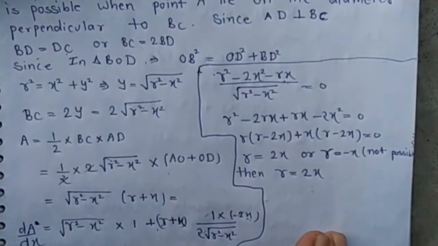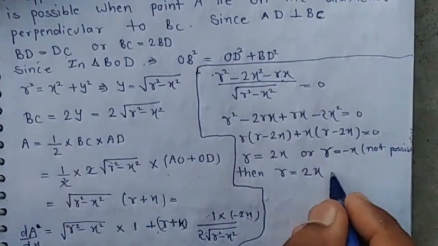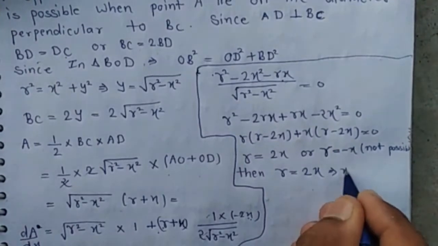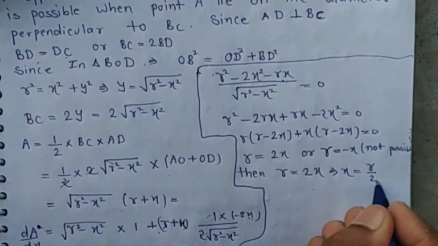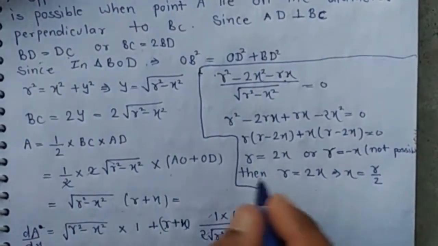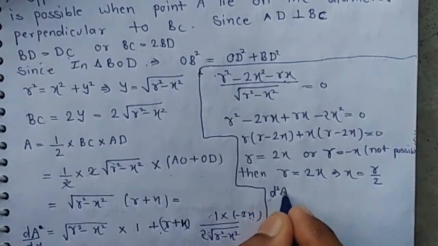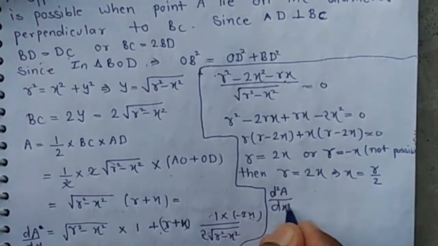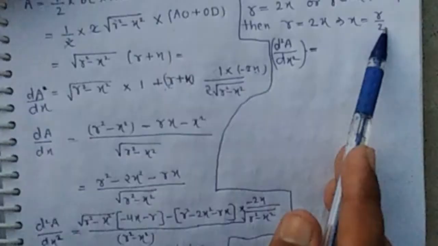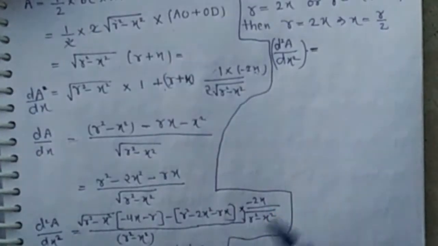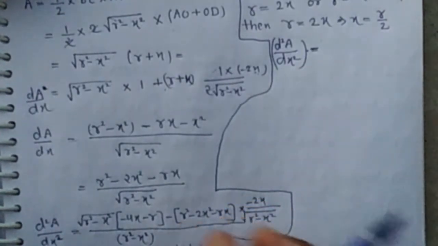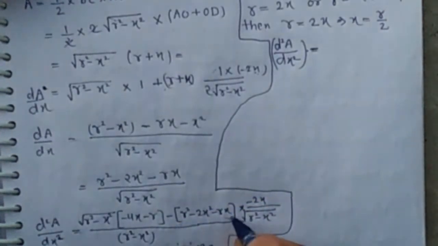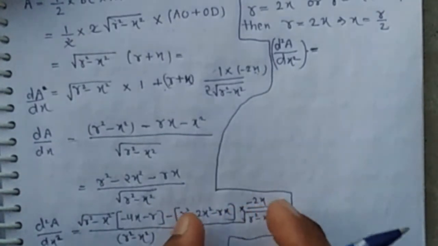Now we find the variable from here, the value of x. Then x equals R by 2, and we put the value of x in d2A by dx square. If we put x equal to R by 2, then the factor term becomes 0, because x equal to R by 2 is obtained when this is a factor of this term. Then this value becomes 0.